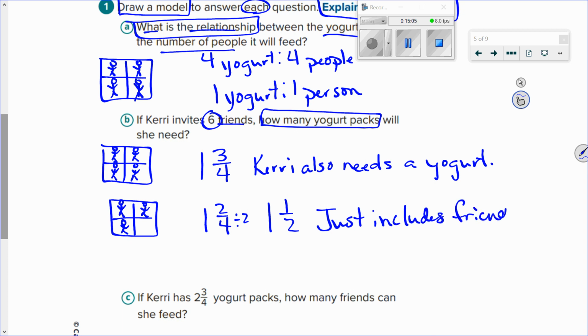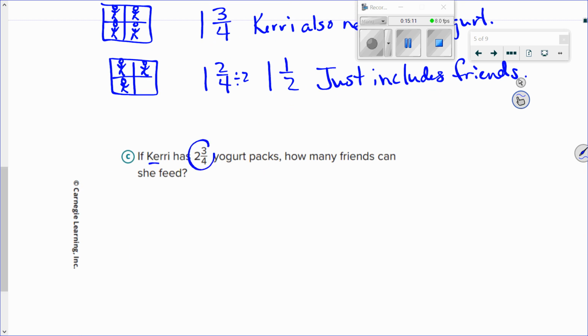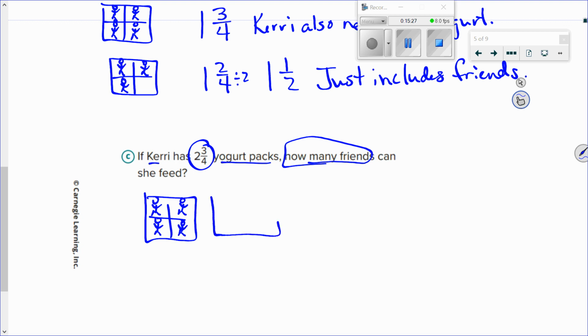Our third part: if Carrie has 2 3/4 yogurt packs, how many friends can she feed? In this case, our model should help us again. If I do 1, 2, 3, 4, there's 1 pack.